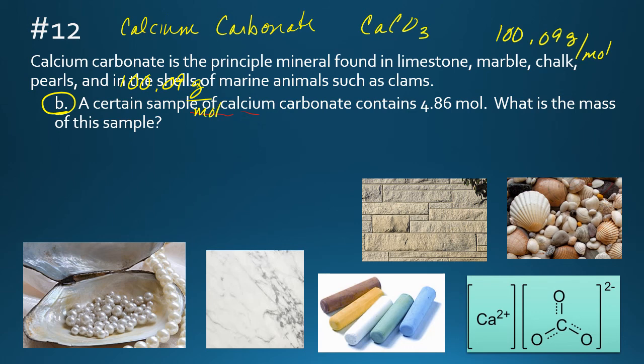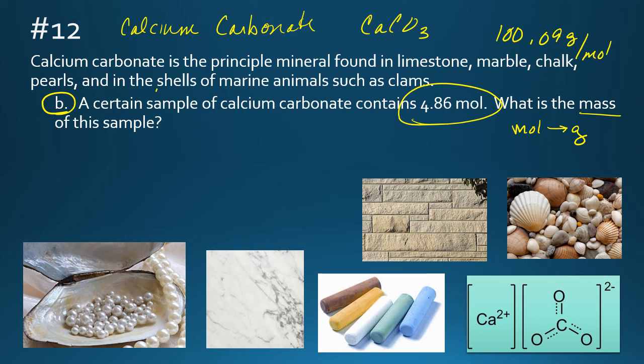I happen to have some sample of calcium carbonate. And what I want to know about this sample is how many grams I have. Well, I happen to know, and I'm not sure how this happened, but I happen to know that I have 4.86 moles of this substance, and I need mass. So the plan is going to be, make a plan, to go from moles to grams.